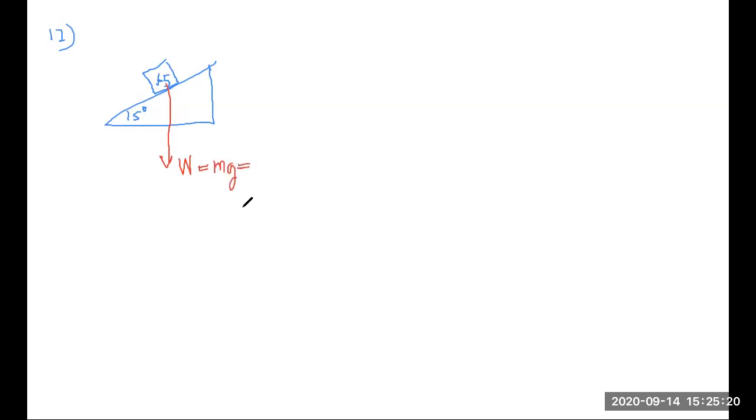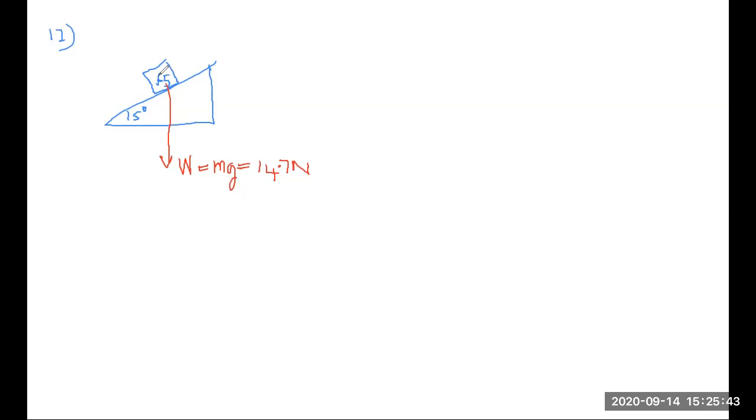And the weight is the mass times the acceleration of gravity. I worked it out: 1.5 times 9.8. Yeah, that's 14.7. So that's the weight of the object.